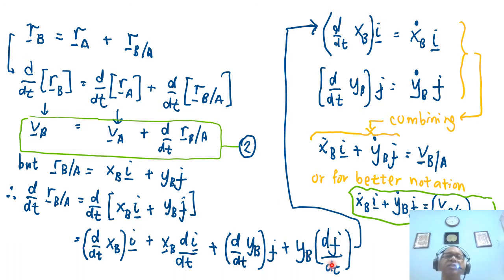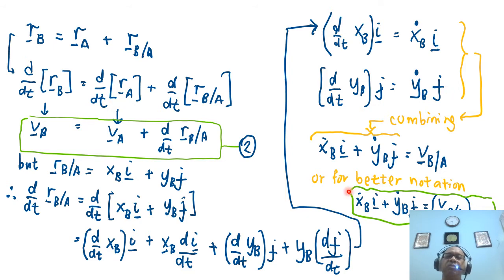Now, d over dt of xb i is quite straightforward. It will give us x dot b i, and d over dt of yb gives y dot b j, because it is not a rotating vector.